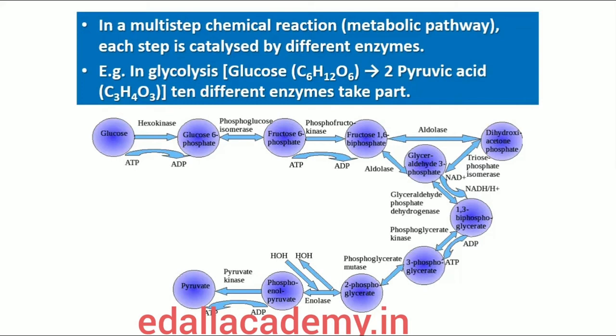It is actually a metabolic pathway in which glucose becomes pyruvic acid through 10 different enzyme-catalyzed metabolic reactions. Refer to the steps, which are given very clearly with the help of a flow chart. You are seeing how the glucose is converted into pyruvic acid. It is very clearly given with the help of enzymes.